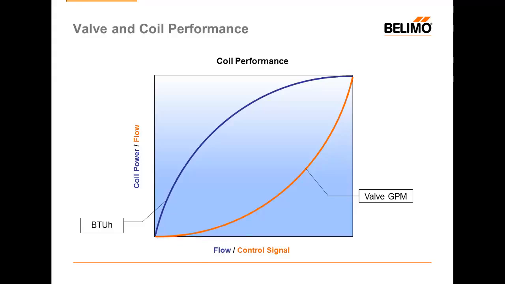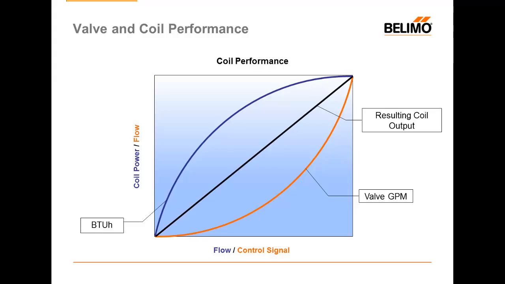But that 20 or 25% of my flow may gain me indeed about 50% of my BTUH exchange into my space. The net result of these two curves would be that the control signal related to coil power would be somewhat linear in nature, and that is what we're able to control with our coil. This is why most control valves have what's known as an equal percentage flow characteristic, so that we are equal and opposite to the behavior of our coil.